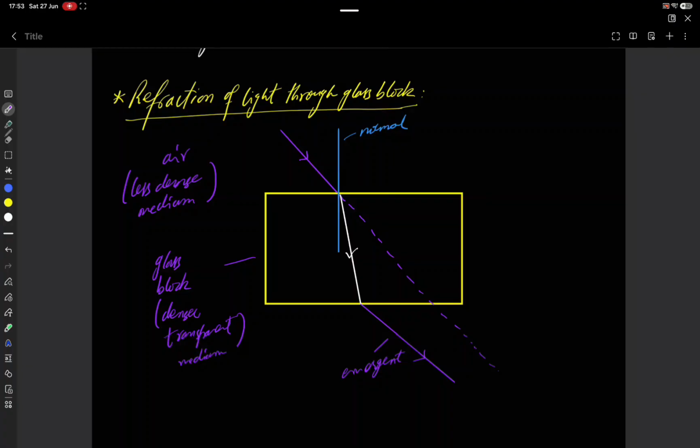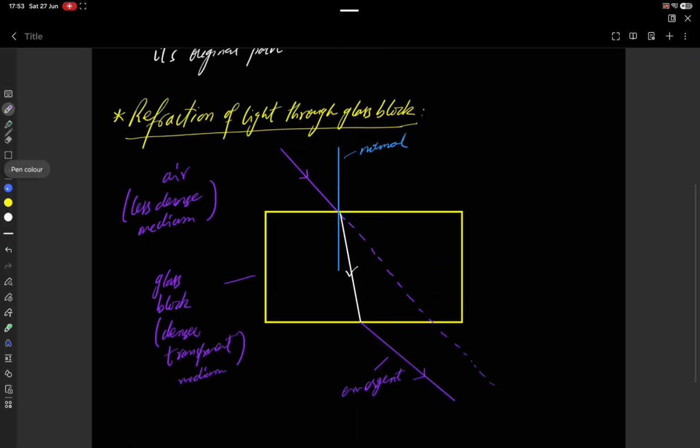So we have the incident ray. This is my incident ray. It travels from air to the glass block. Air is the less dense medium, so it bends towards the normal, because the speed of light decreases in glass.